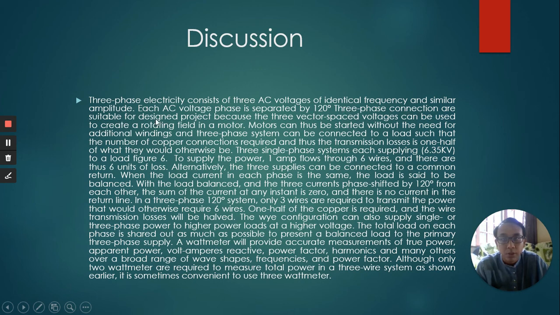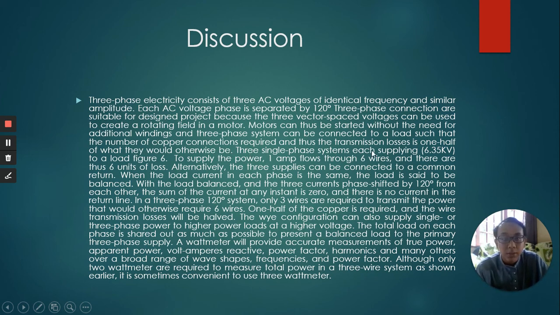Three-phase connections are suitable for design projects because the three-phase voltage can be used to create a rotational field in a motor, like 120, 0 and negative 120 angle. Three-phase systems can be connected to the load such that the number of connections required is reduced, and thus the transmission loss is one half of what it would otherwise be.